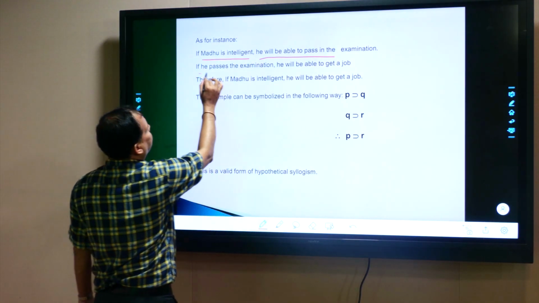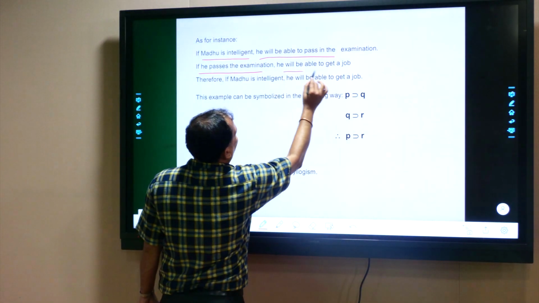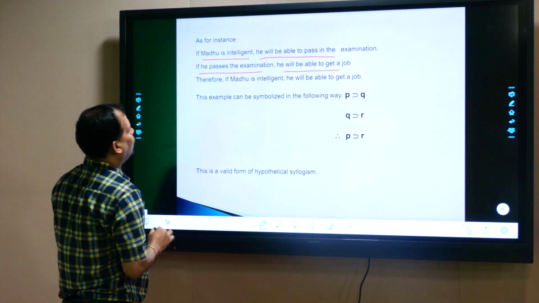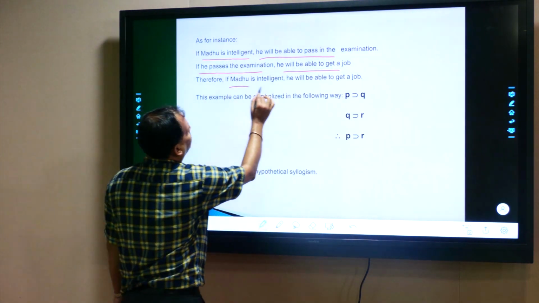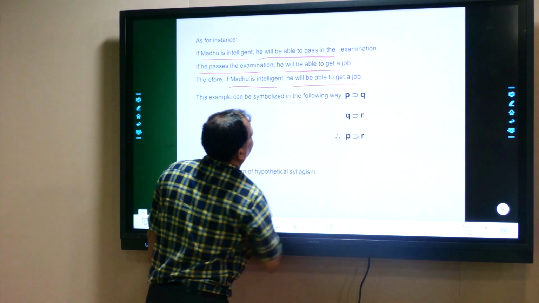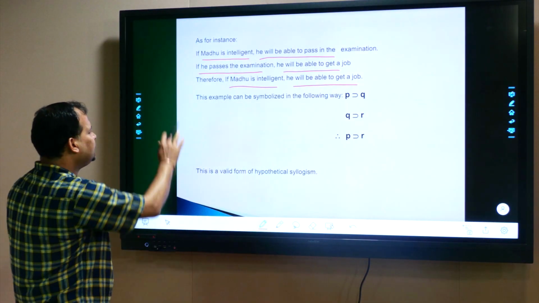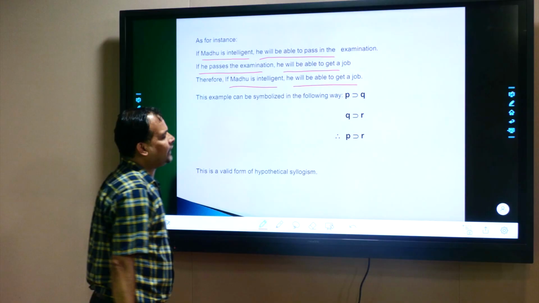If he passes the examination, he will be able to get a job. Therefore, if Madhu is intelligent, then he will be able to get a job. So this real example we can symbolize, dear learners.